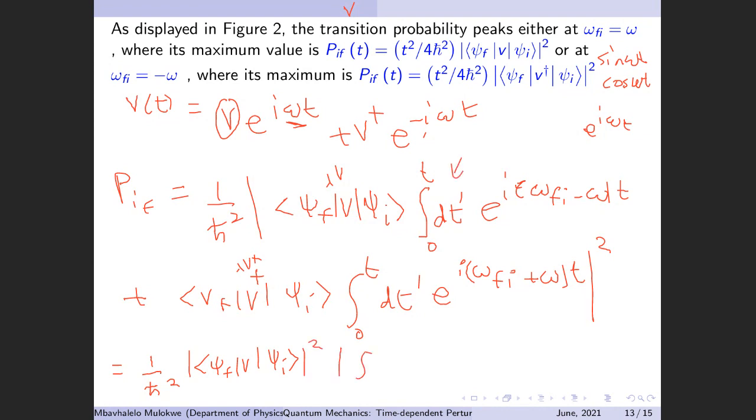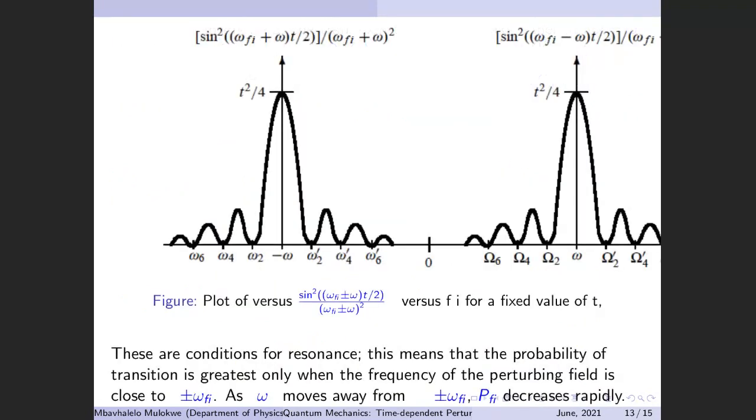This will give you the integral from 0 to t dt prime e^(i omega final initial minus omega t), squared. You also get the same term, but now the square of the other term with V replaced by V dagger. But the cross terms, which you get by multiplying these terms, you can ignore because they will be of order lambda squared, since this is lambda V and that's also lambda V dagger. They will be subleading, so you only have to consider the square of those two terms.